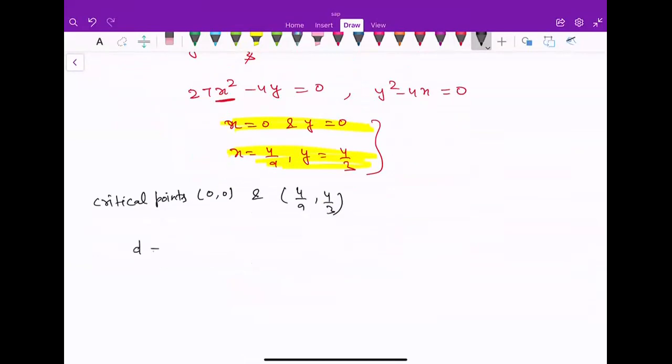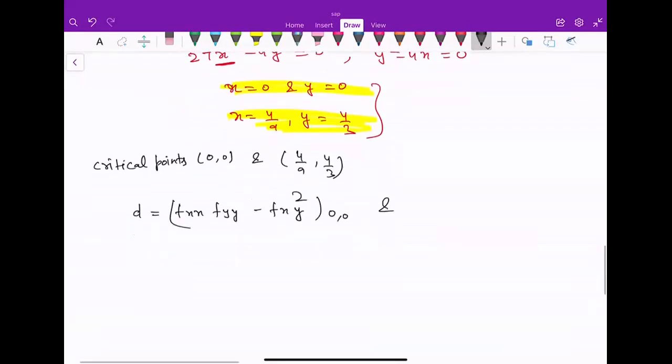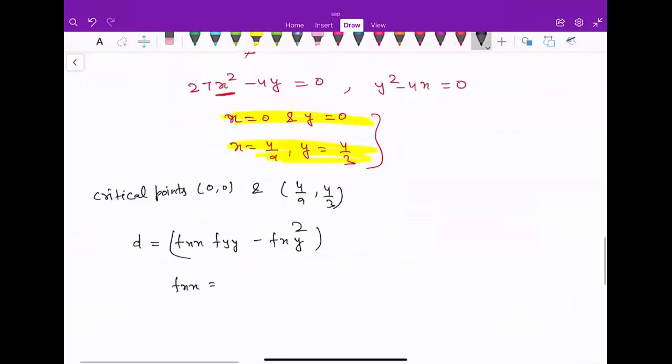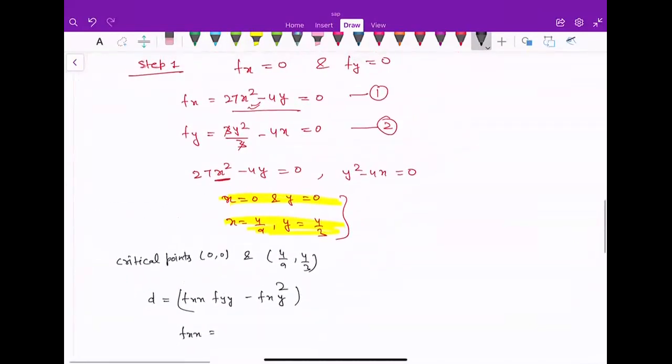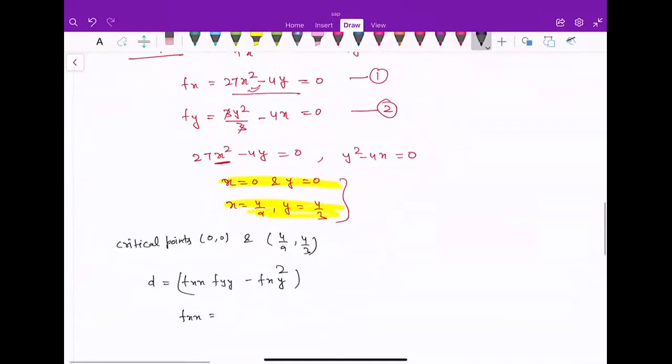The discriminant we call D. This is f_xx f_yy minus f_xy whole square at the points (0,0) and (4/9, 4/3). Ma'am, this value is always the discriminant. Okay, so let us compute now f_xx. What was f_x? 27x square minus 4y.